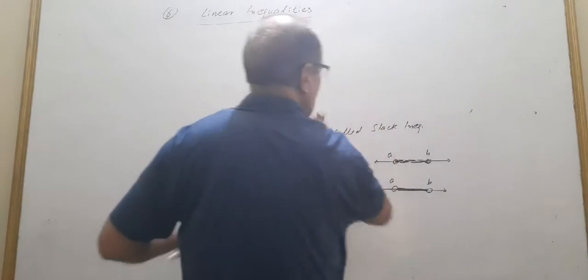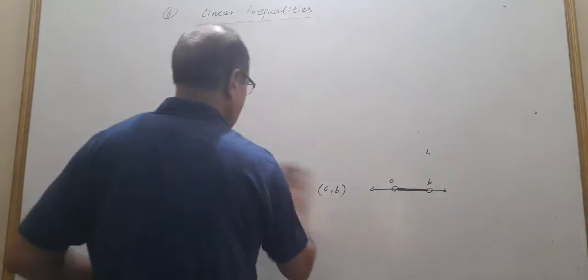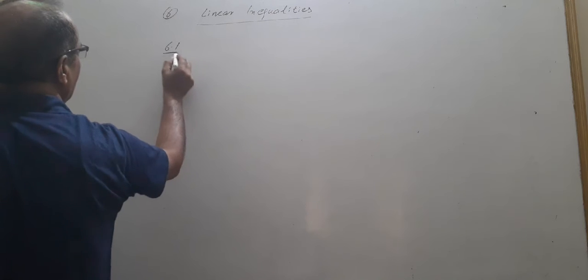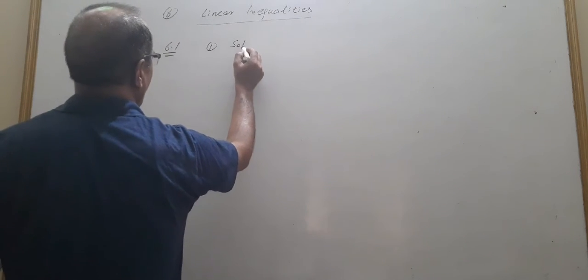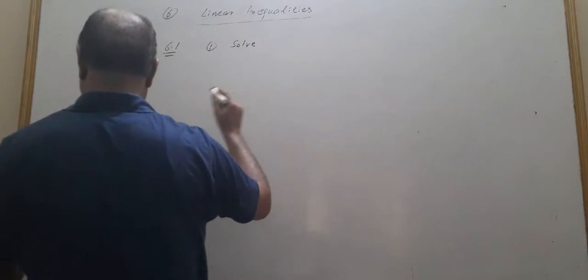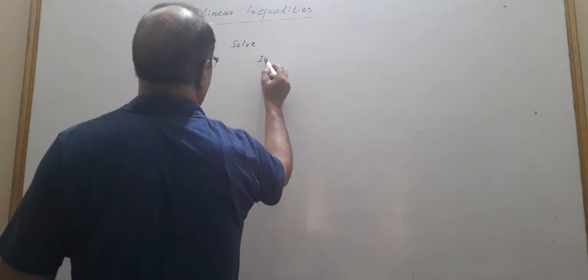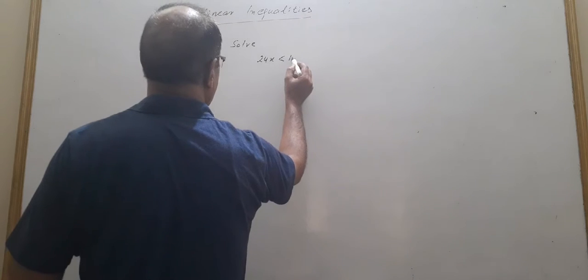Okay. Now, there is nothing more here. I will solve the problems for you. Now, the questions of this exercise, that is exercise 6.1 of your NCERT book. The first question is solved. You see it and try to solve more problems. That is 24x is less than 100.